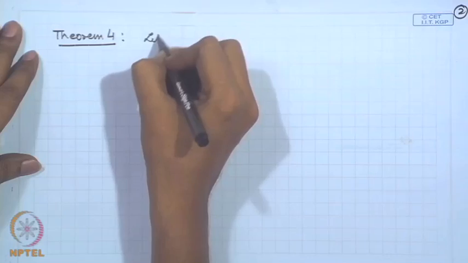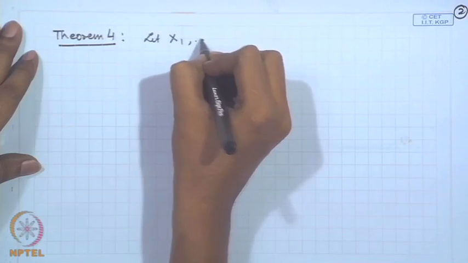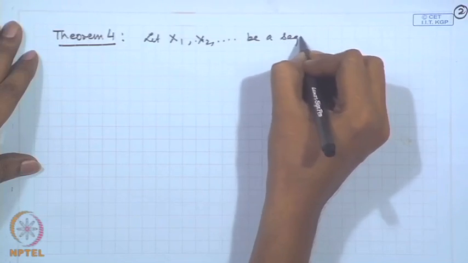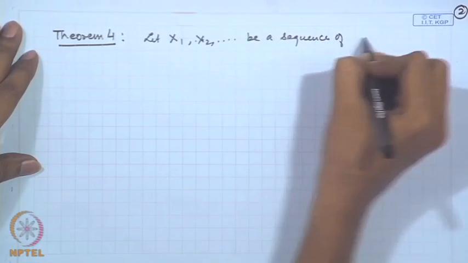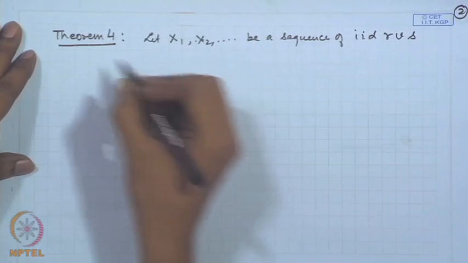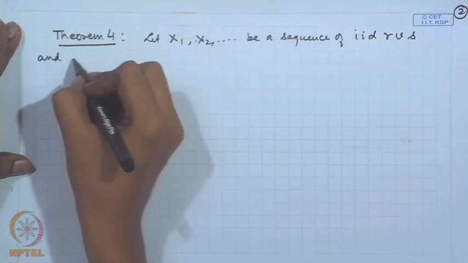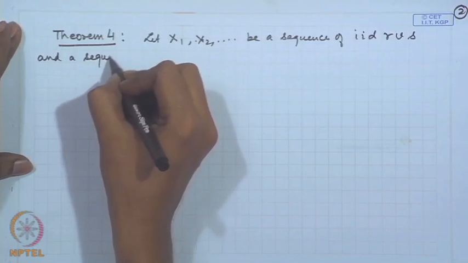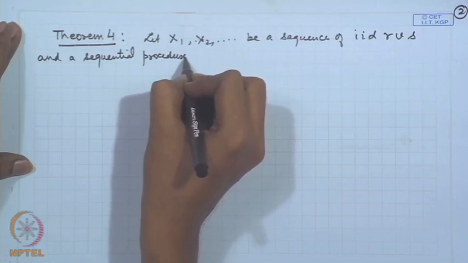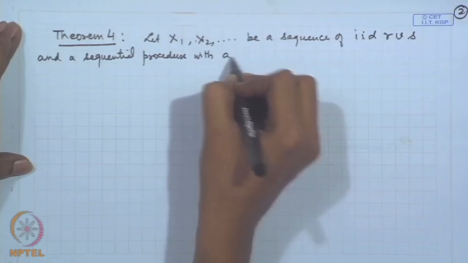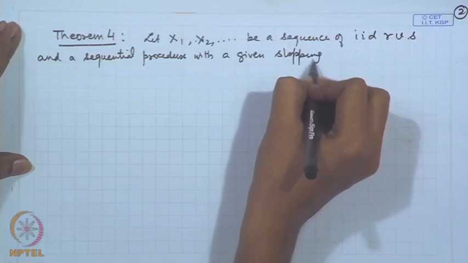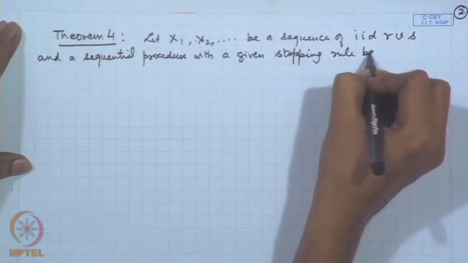So, let X1, X2 and so on be a sequence of independent and identically distributed random variables, and a sequential procedure with a given stopping rule be defined.